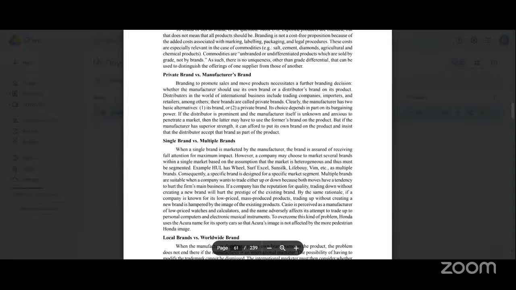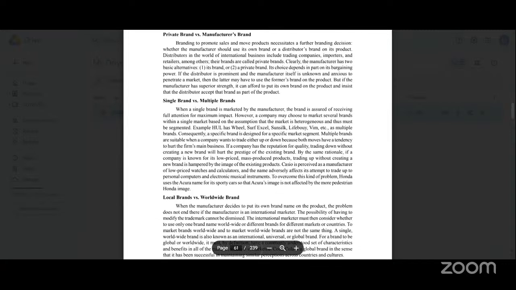So, what is a single brand versus multiple brands? In a single brand, it is marketed by the manufacturer, so the brand is assured of receiving full attention for maximum impact. A company may choose to market several brands within a small market.